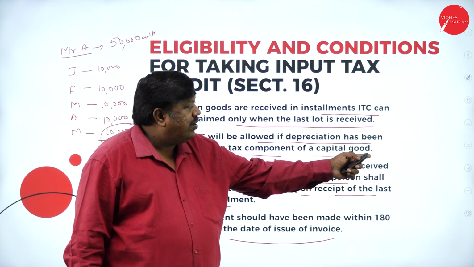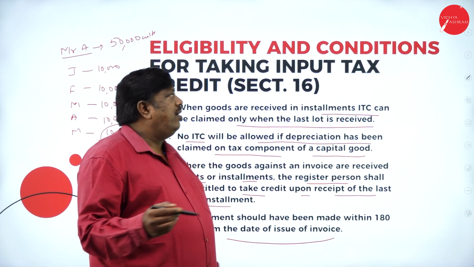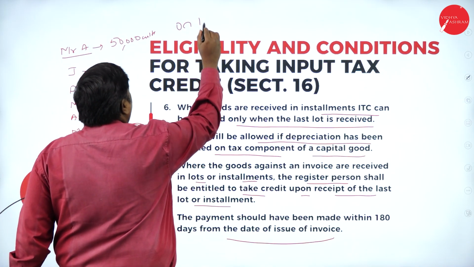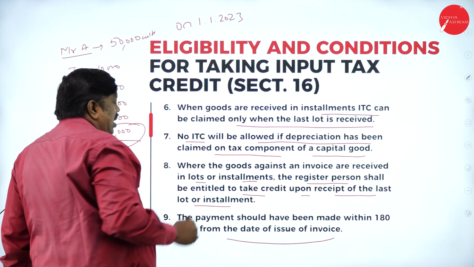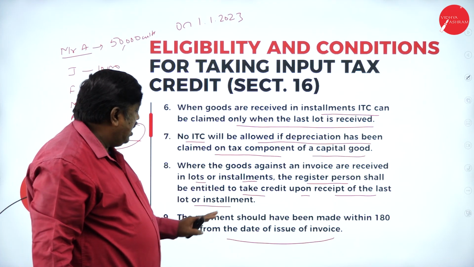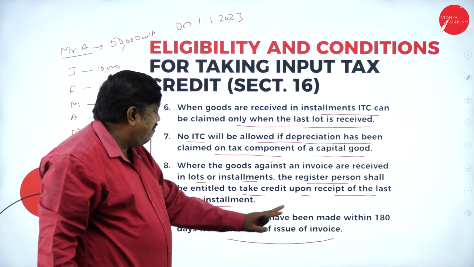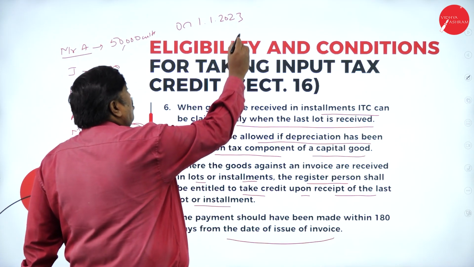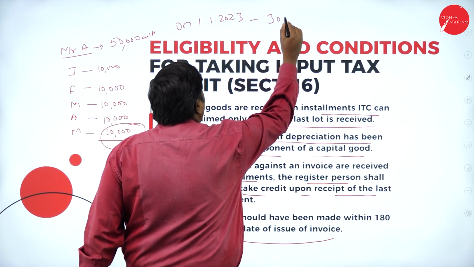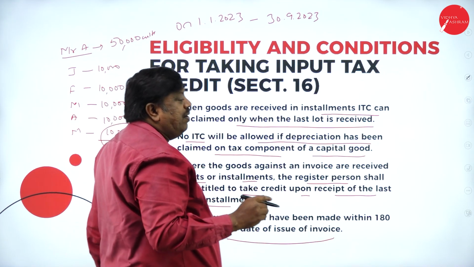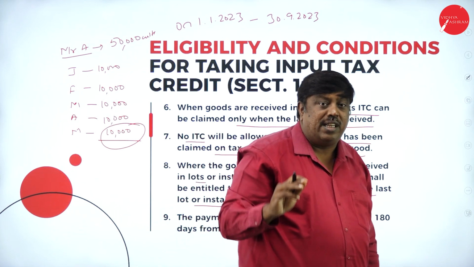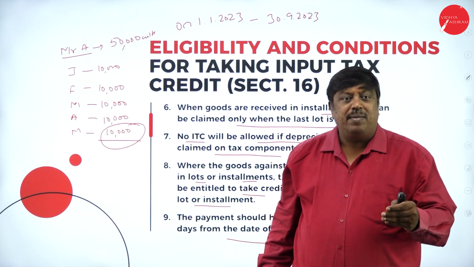When I mentioned 3,600 in the invoice on 1/1/2023, the amount should be paid within 180 days. Means the payment should be made before 30th September 2023. So if I paid that before 30th September 2023, then the claim can be made.